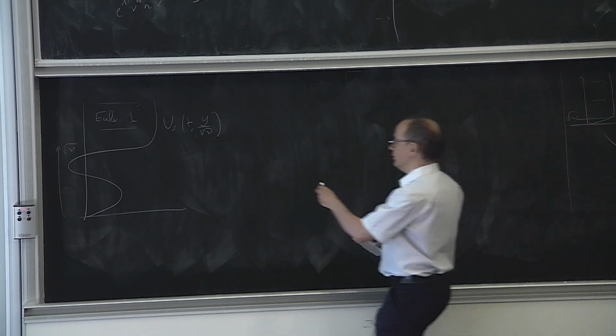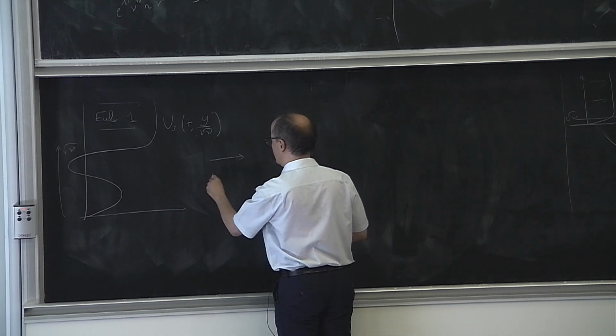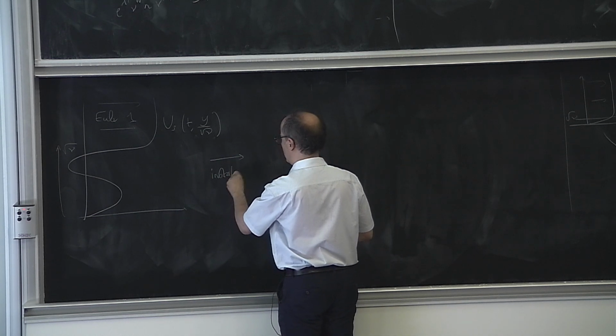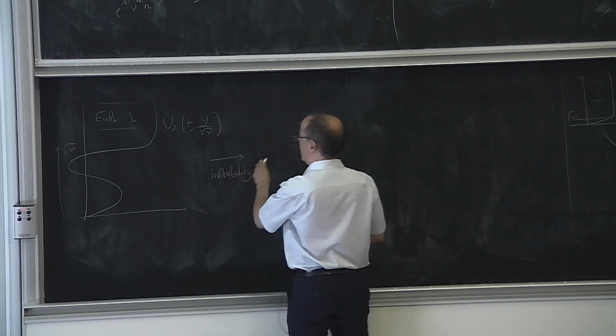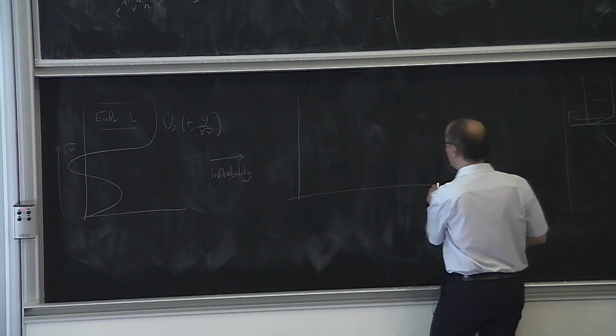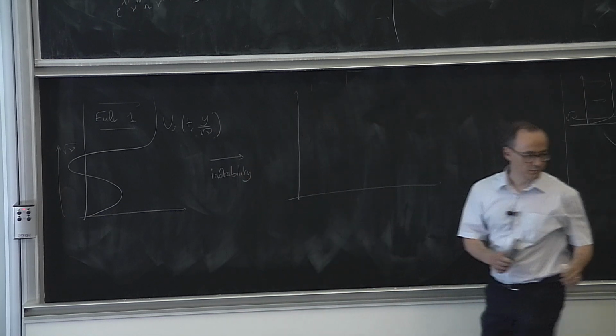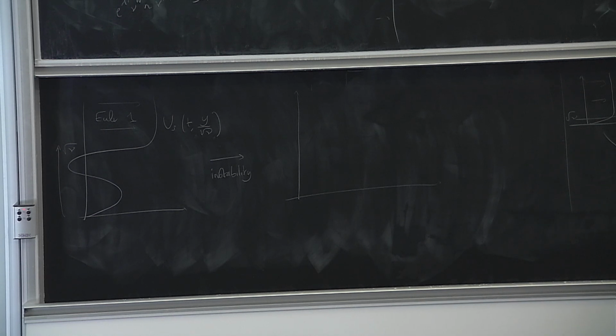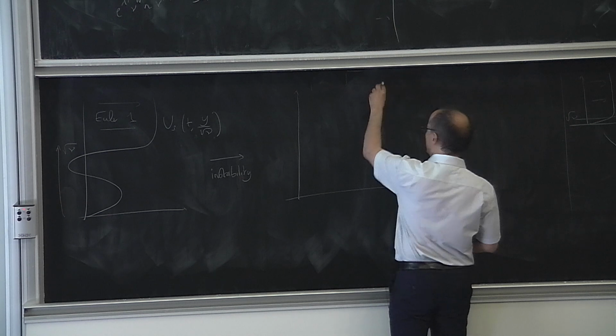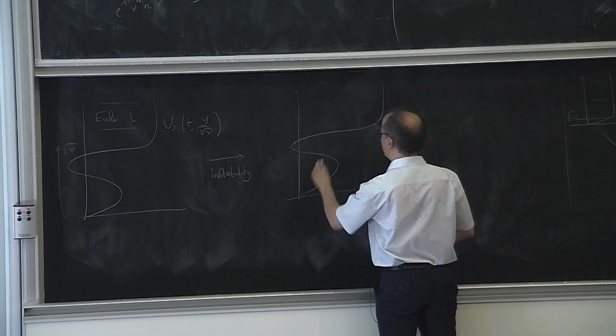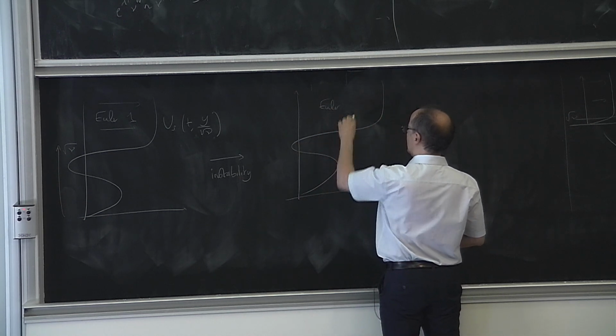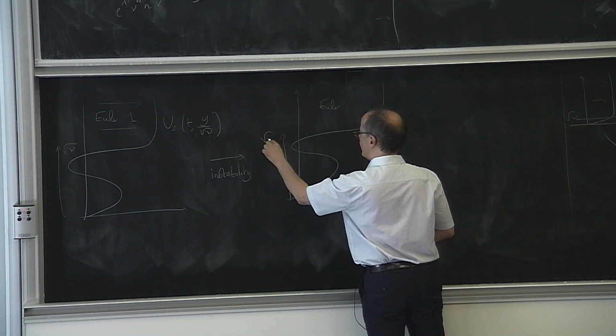Then, as detailed by Toan, you have an instability, and the instability gives you this picture here. Just look at the true size. You have Euler, you have square root of nu.